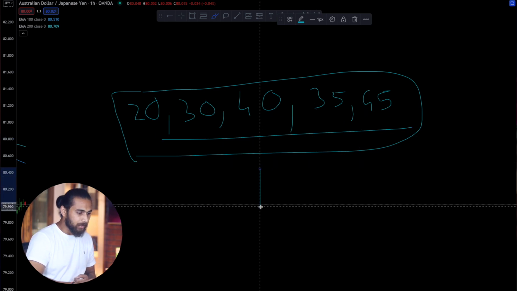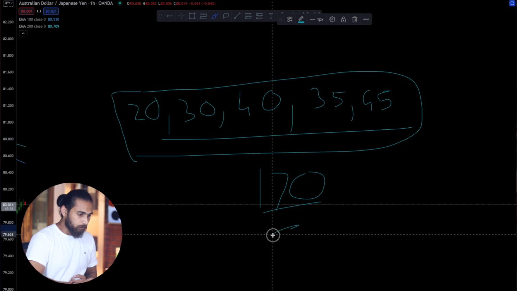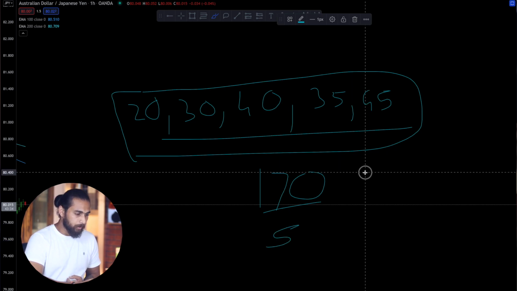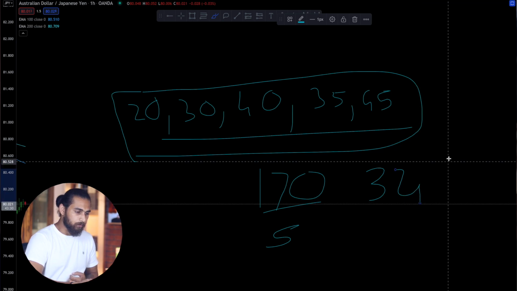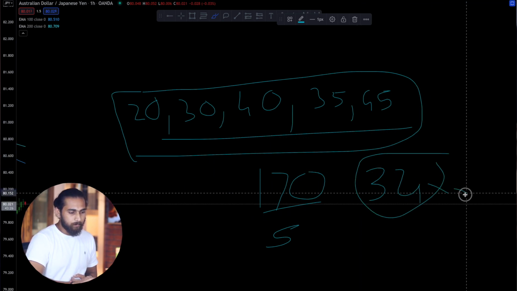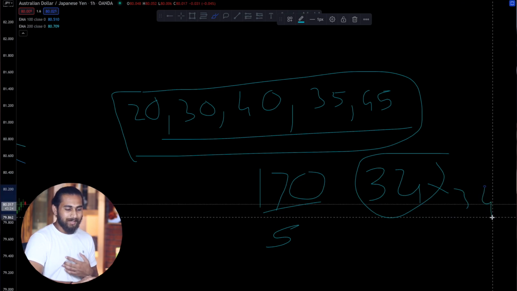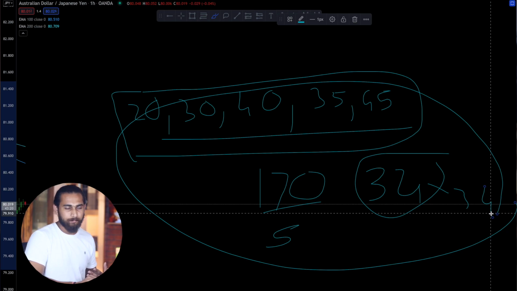Okay, so 170 divided by 5, which will be around 34. So the average price we will get will be 34. Now this is the same thing which the moving average does for us.